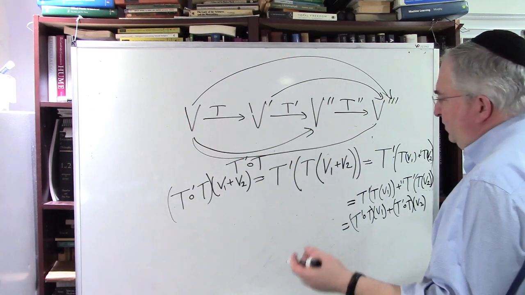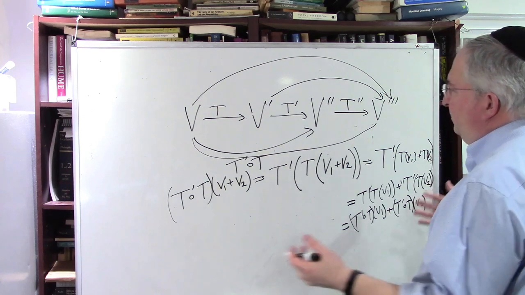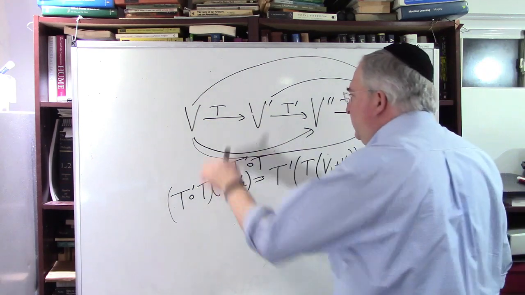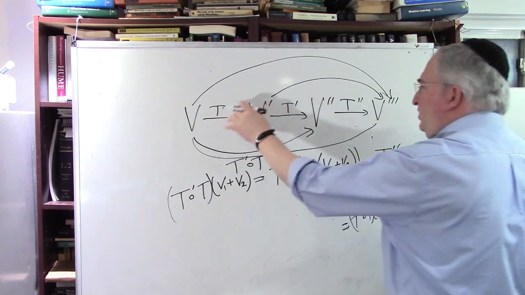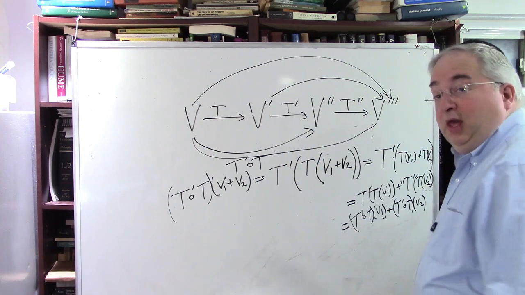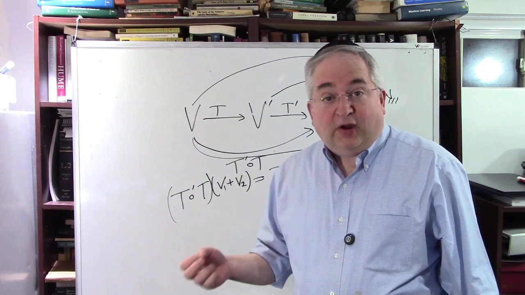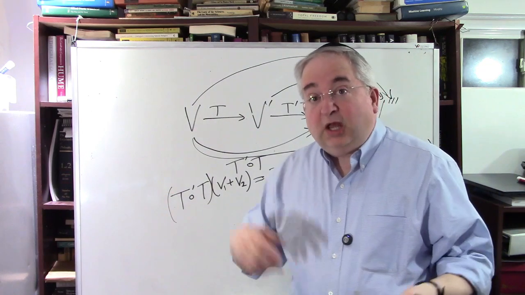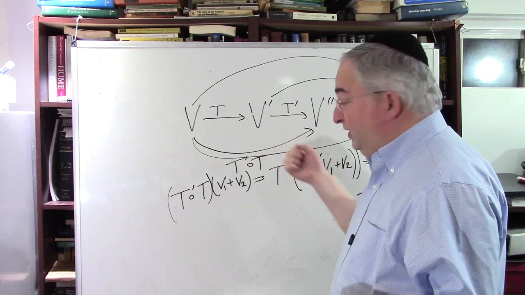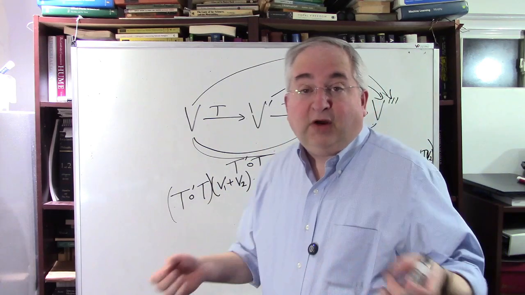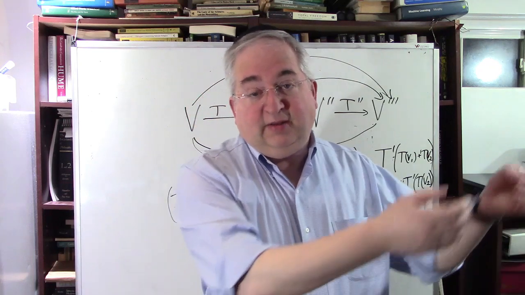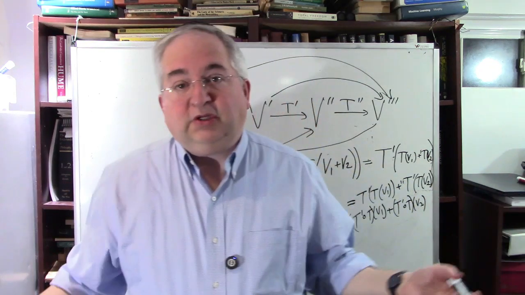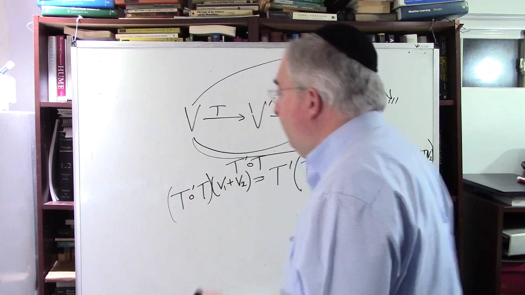The idea is not something very strange. The main point is that T prime, T double prime, T triple prime are functions. They carry elements to elements. The only thing is these functions respect the operations, but they are functions. And whenever you have functions that carry set elements to set elements, it's associative. So there's nothing to worry about.